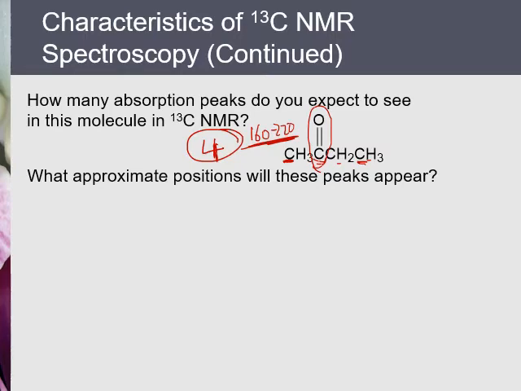And the range is usually 0 to 90. If you don't have electronegative atoms, for example, oxygen, nitrogen, halogens, then the range is probably 0 to 40. If you have oxygen, nitrogen, then they will go downfield towards 90. This molecule doesn't have those electronegative atoms. So I would expect one signal between 160 to 220, and 3 peaks between 0 to 40.